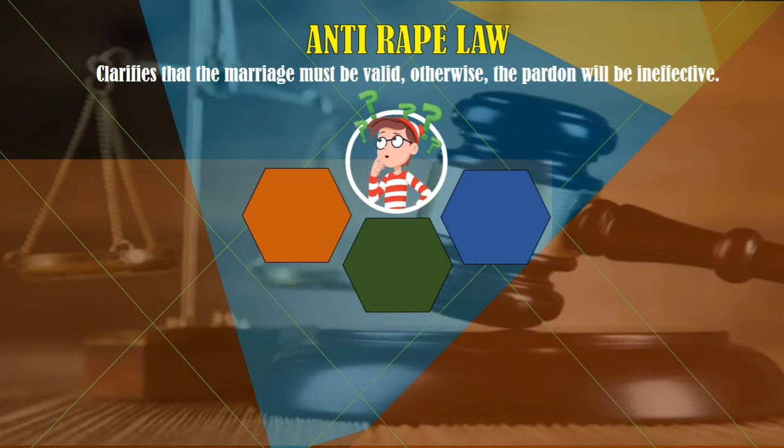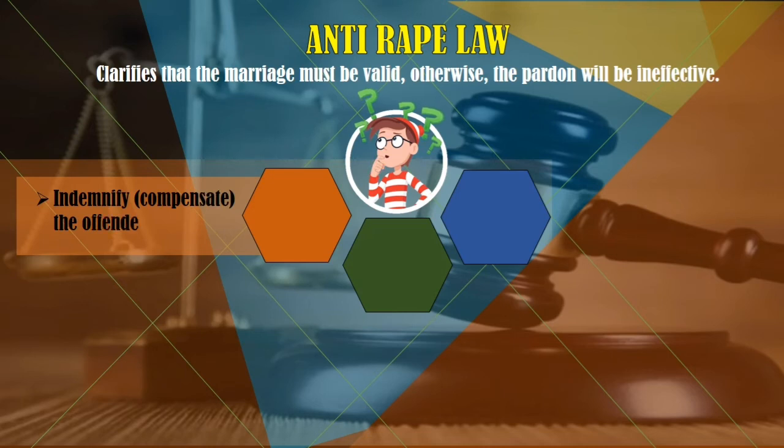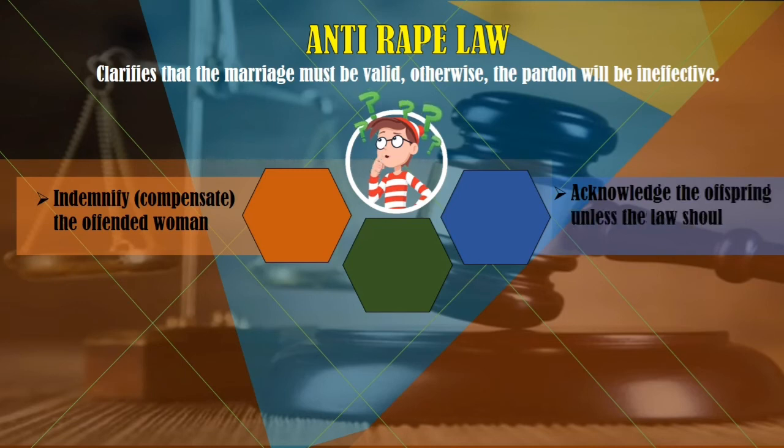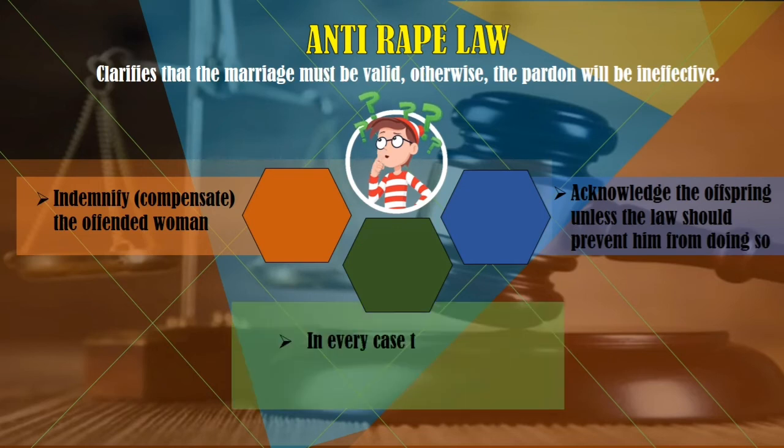So, persons guilty of rape, seduction, or abduction shall be sentenced as provided in Article 345 of the Code. The sentence will include: 1. Indemnify or compensate the offended woman. 2. Acknowledge the offspring unless the law should prevent him from doing so. And 3, in every case, to support the offspring.